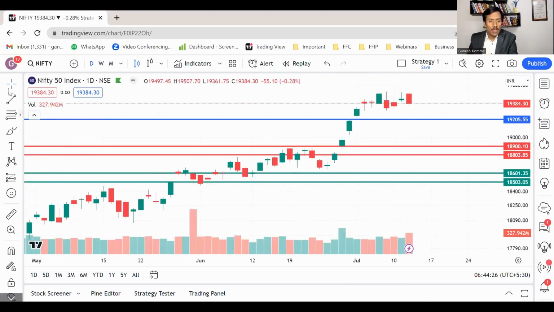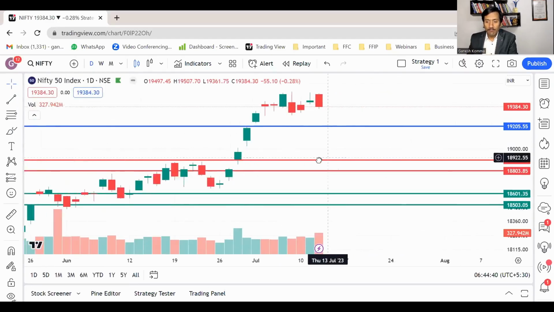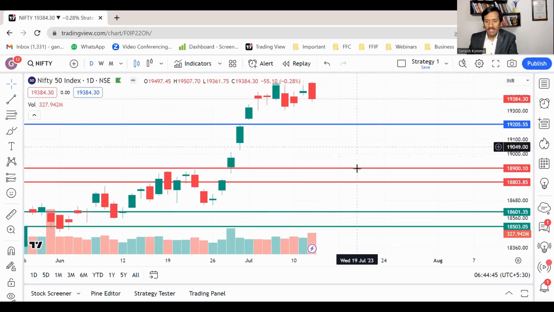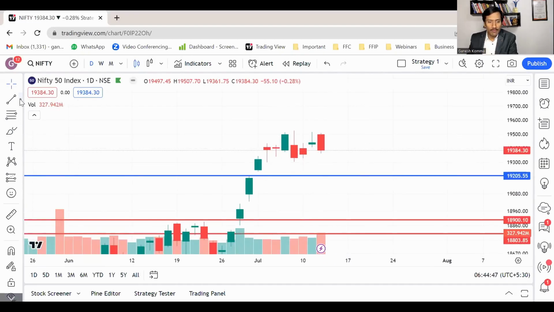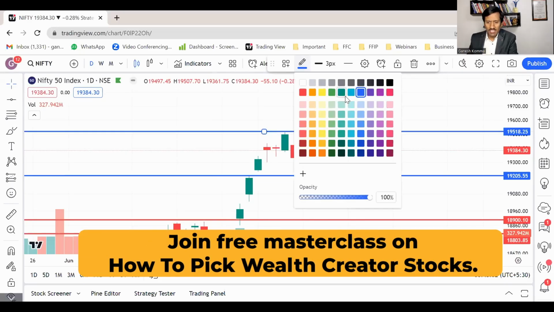So how do you draw this? You go to the tool segment on the left-hand side, and in the second option you have a horizontal line. You select that and draw based on it. Now at the present levels of Nifty, I'll draw a line, and to differentiate from the blue line you have kept here, I'll change the color.